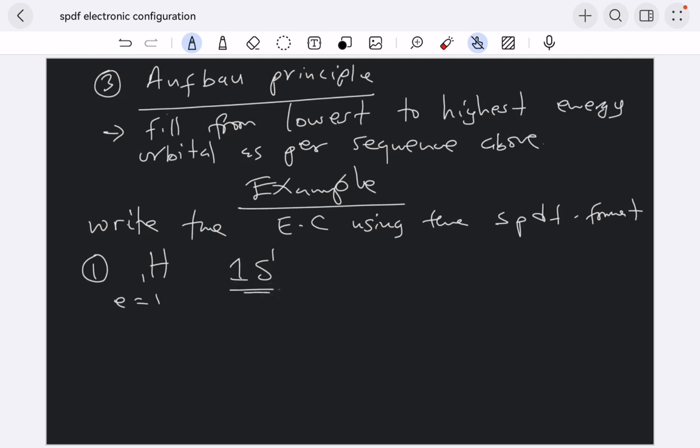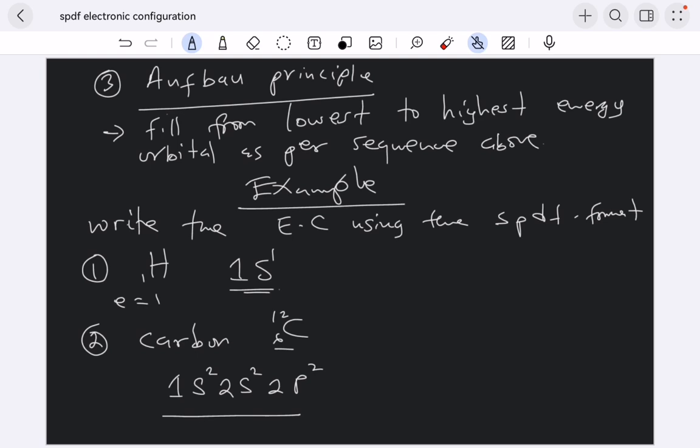If we are looking at carbon, carbon is 12, 6, so there are 6 electrons. Following the standard, it is 1s2, then 2s2, then 2p2.